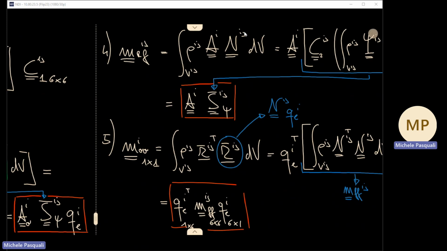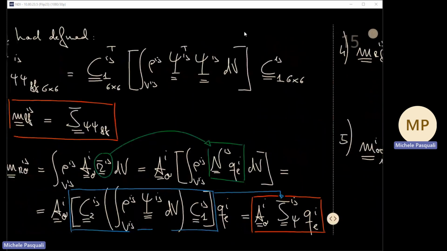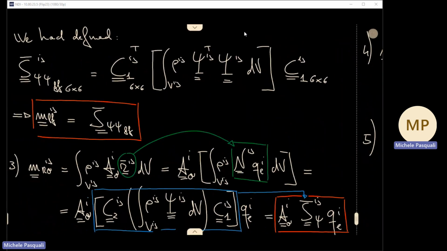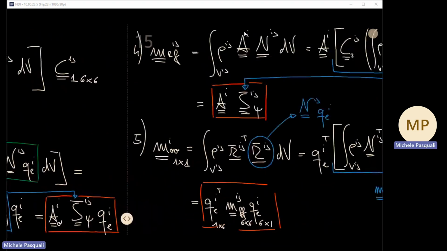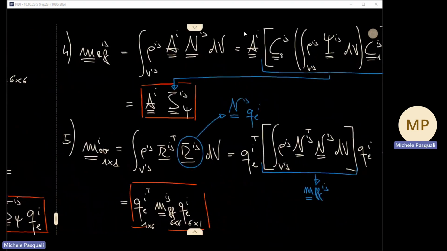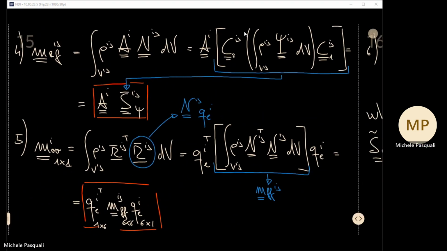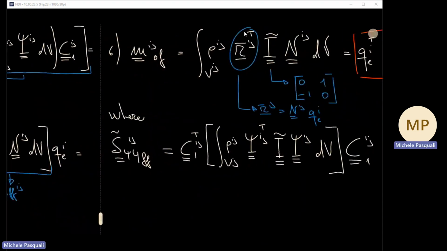So in this case we only have three inertia shape integrals. We have this one here, S psi psi-f over bar, S psi over bar Ij, and then S psi psi-ff over tilde Ij.